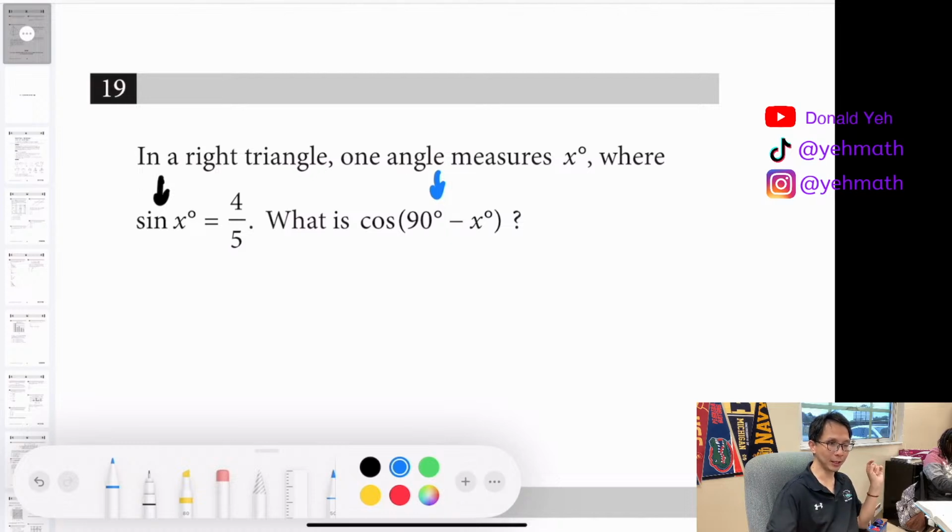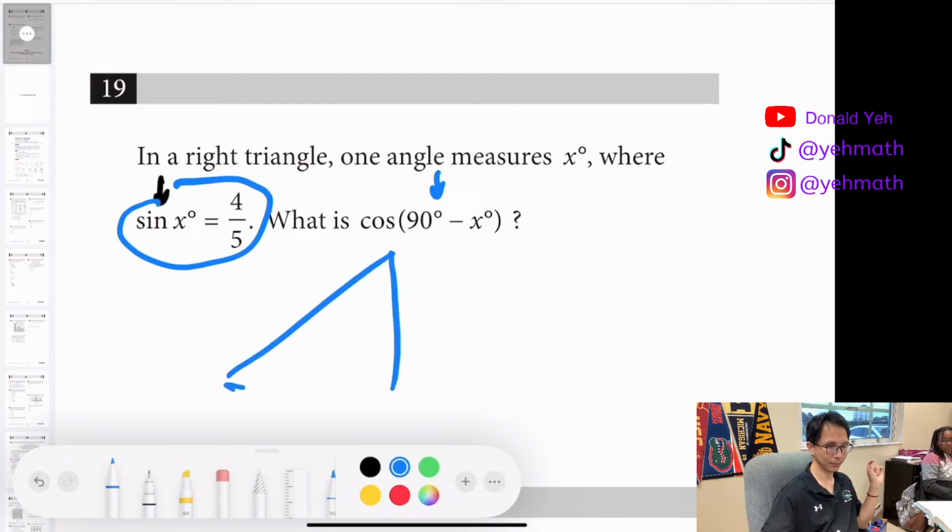So obviously, we know this is a triangle, right? It has angle X. This is a 90 degree angle because of SOHCAHTOA. Am I going too fast? No, this side is going to be 4 and this one 5.